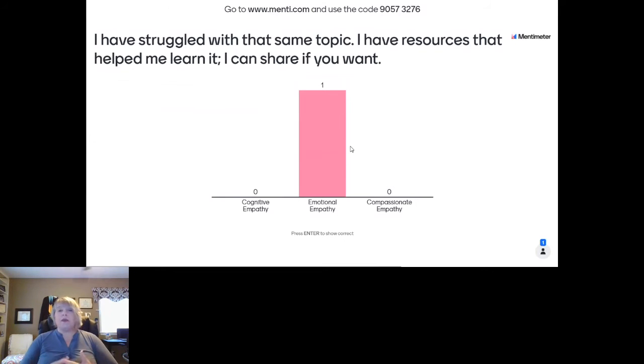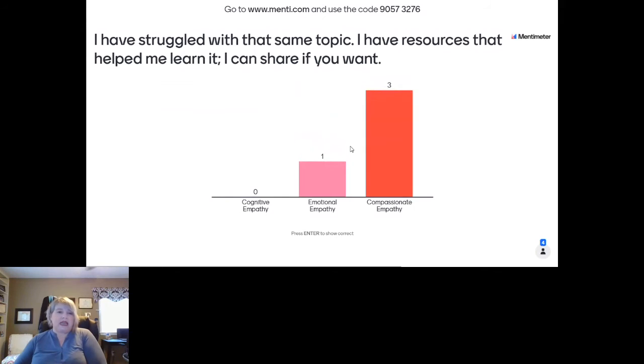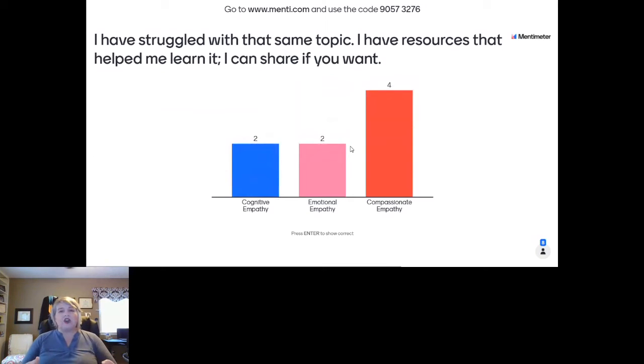Okay, I can see why we would say emotional, absolutely, because you've said you've struggled with it. Saying that you have resources to help them is aligning yourself beside them to support them to mastery. So you're saying, I'm going to walk with you. So it's an aspect of compassionate empathy, although it requires all three.